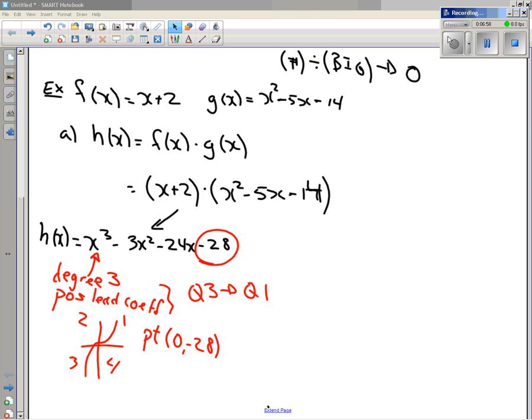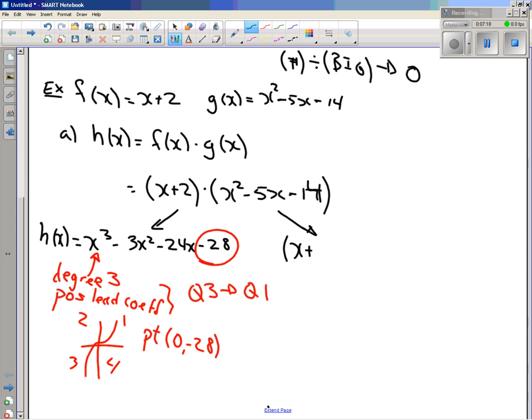We could also take that and factor it. Can't really factor the first term, but if we look closely at the second term, we can factor a quadratic that's x squared minus 5x minus 14. That'll go to x plus 2, x minus 7.